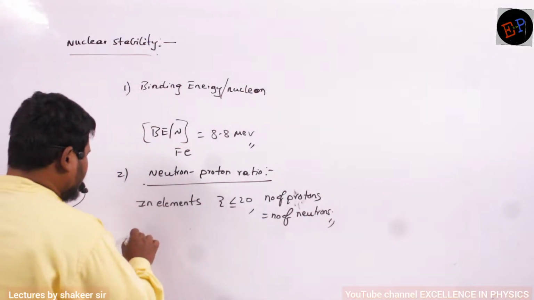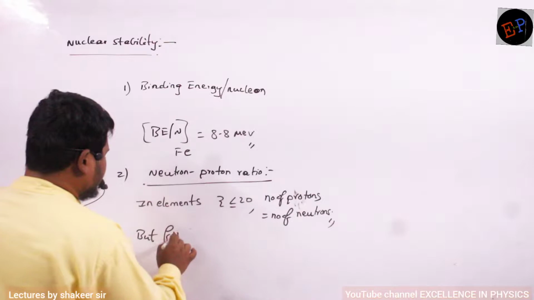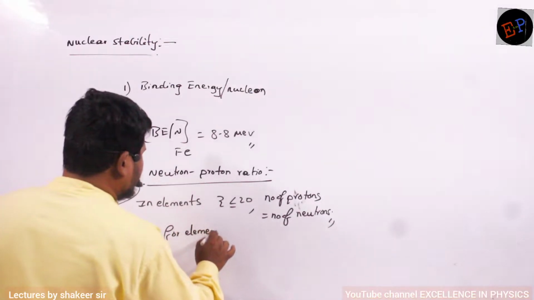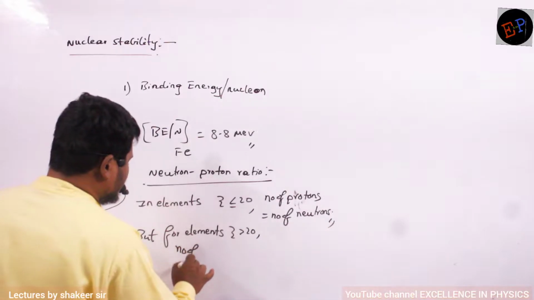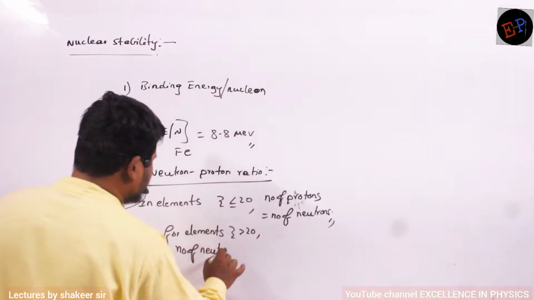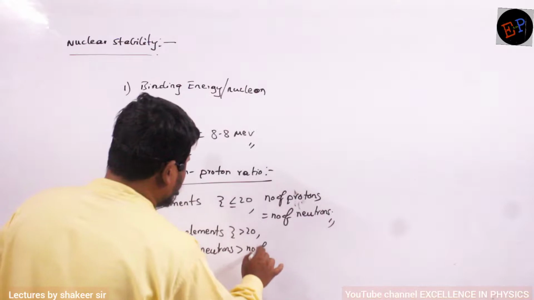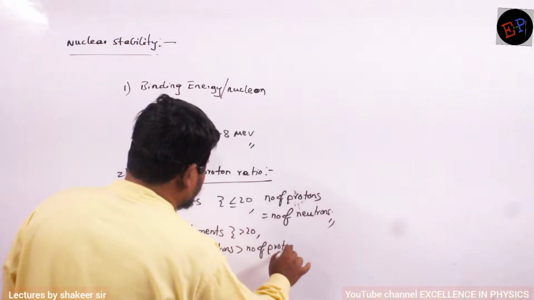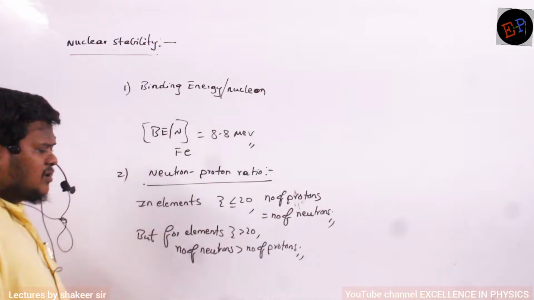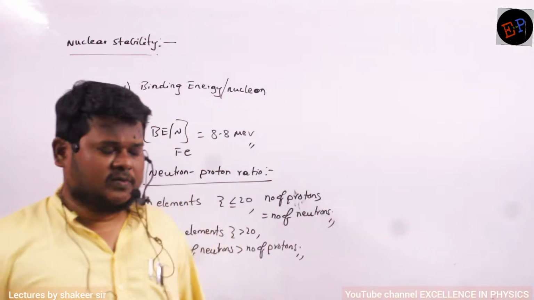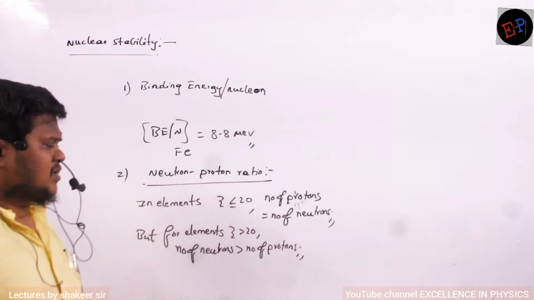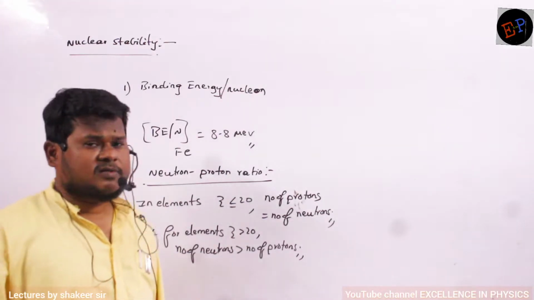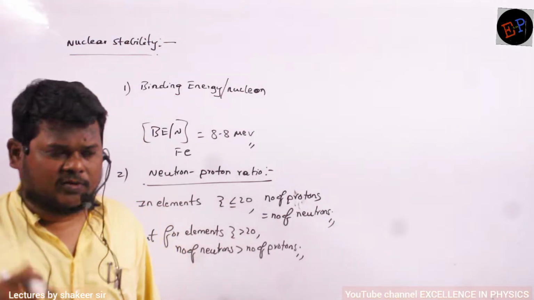But for elements whose Z value is greater than 20, the number of neutrons will be greater than the number of protons. The neutron number becomes very large when compared to the number of protons. This is again to obtain stability of the nucleus. So how does the increase of neutrons account for the increasing number of protons, let us see.